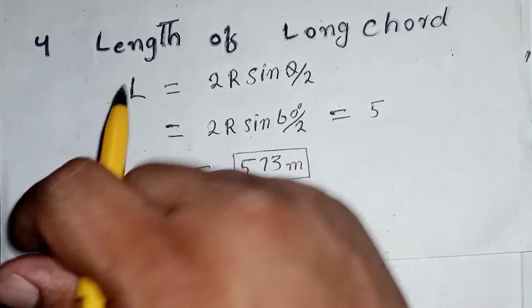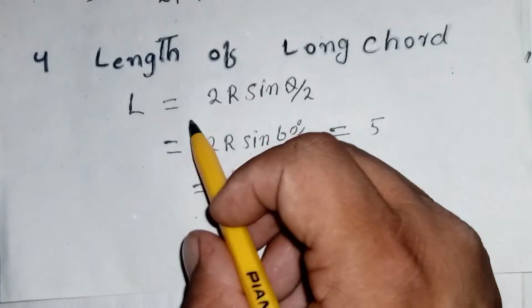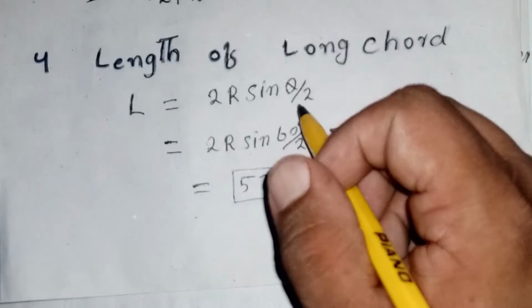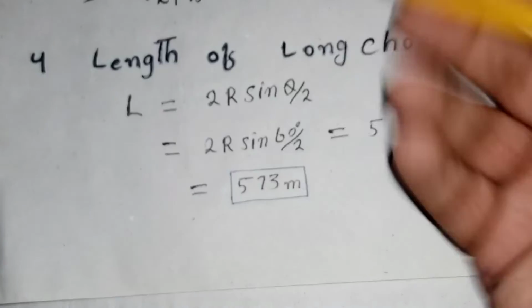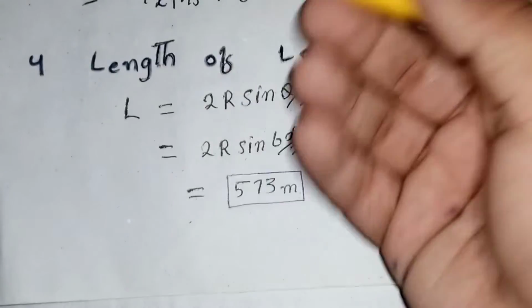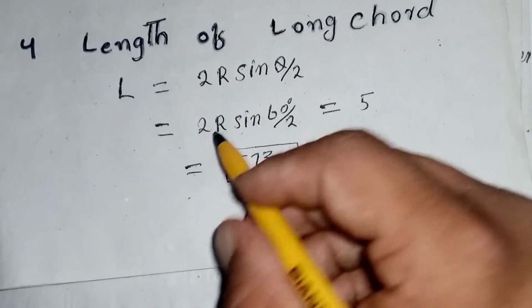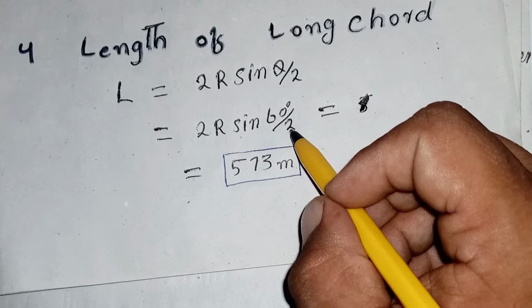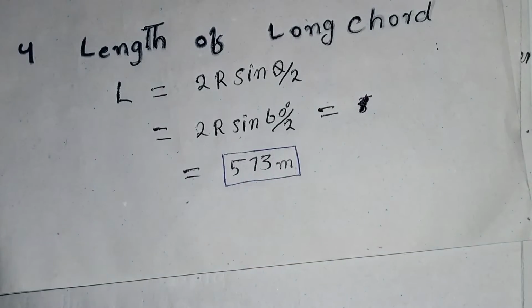And fourth, the length of long chord. The length of long chord is equal to 2r sine theta divided by 2. As we know, theta is 60 degree, which is the deflection angle, and r is the radius of curve, which is 573 meter. So we put the value, 2r sine 60 degree divided by 2, which is equal to 573 meters.